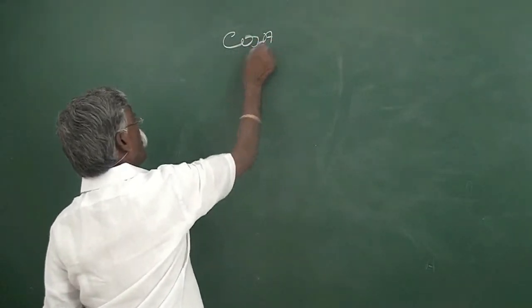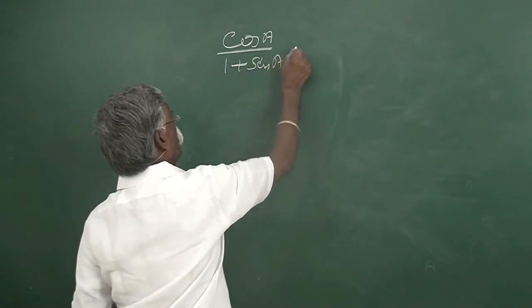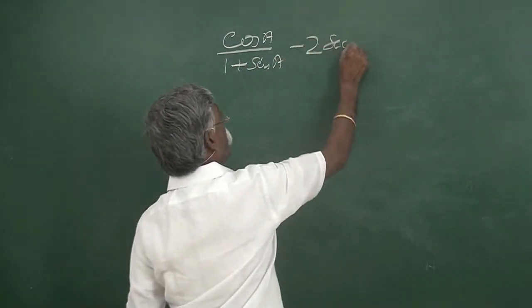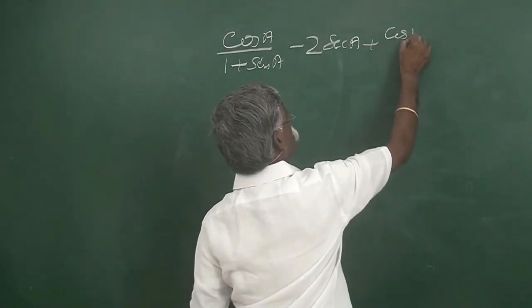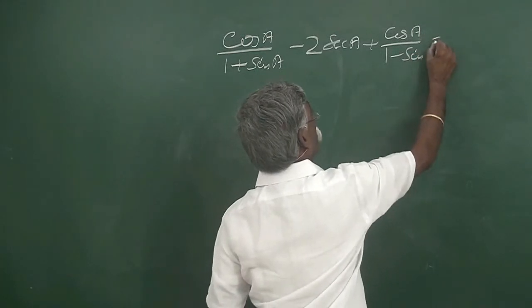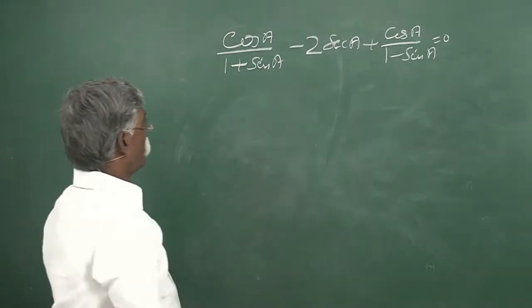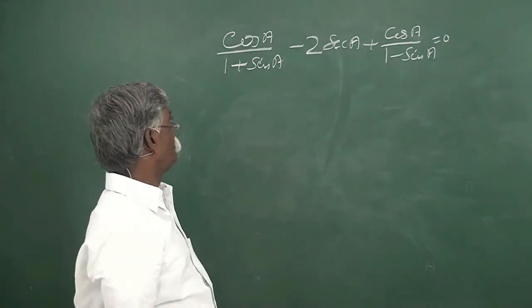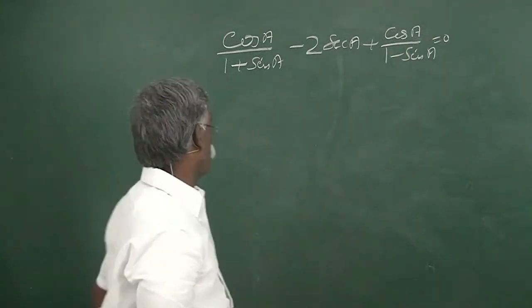Cos A by 1 plus sin A minus 2 secant A plus cos A by 1 minus sin A is equal to 0. Now, before taking the LCM, here we can take cos A as common factor.